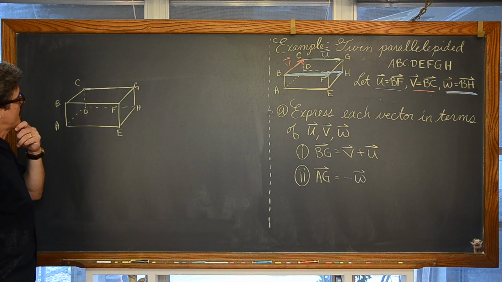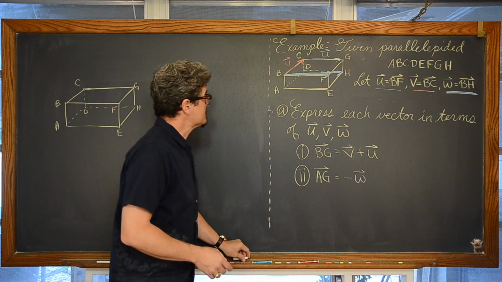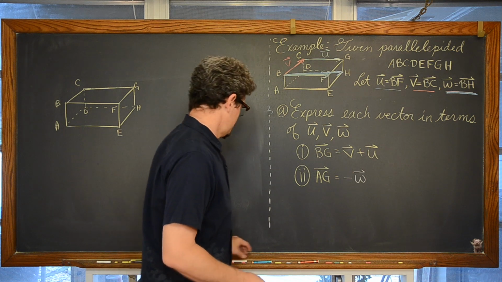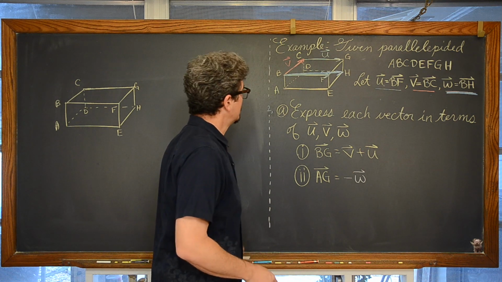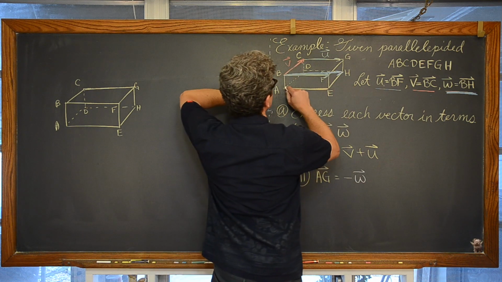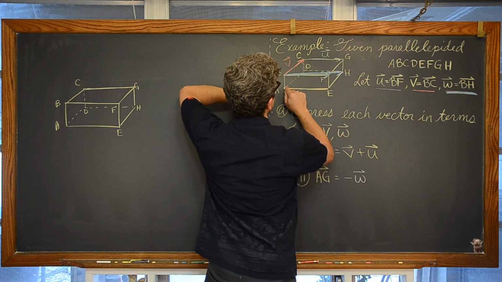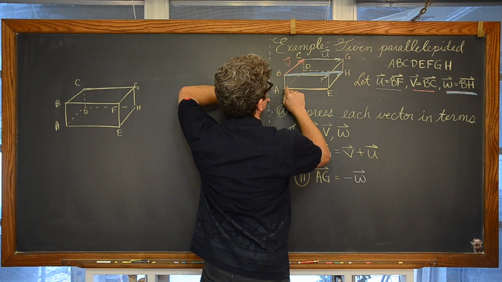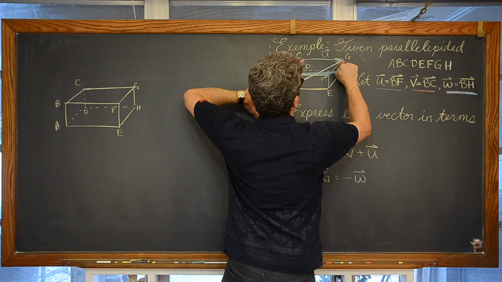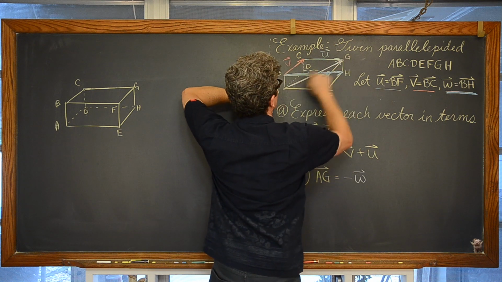So that means that, and keep in mind, by the way, this is a good idea. I need vector AG. I need, ultimately when we're done, a vector that goes from the front lower corner up to the back upper right-hand corner.